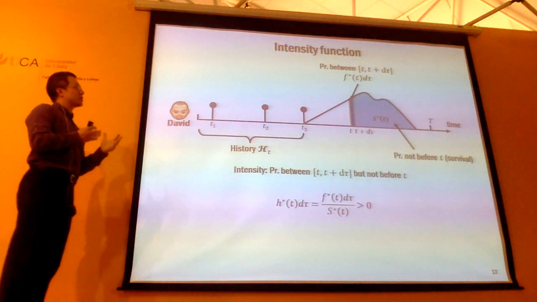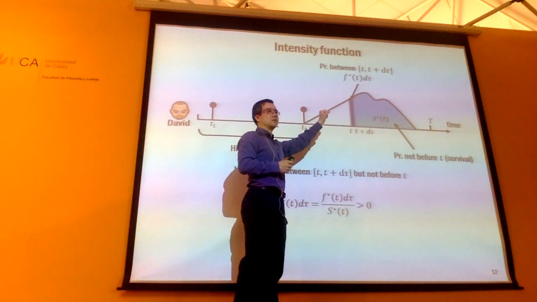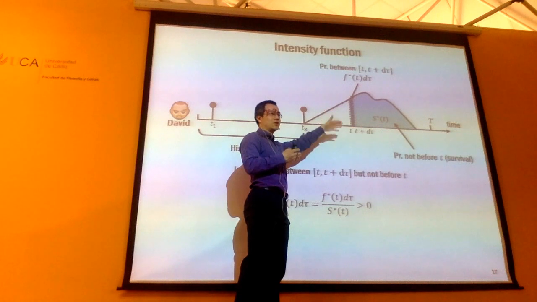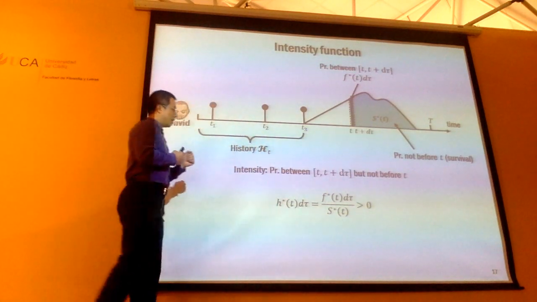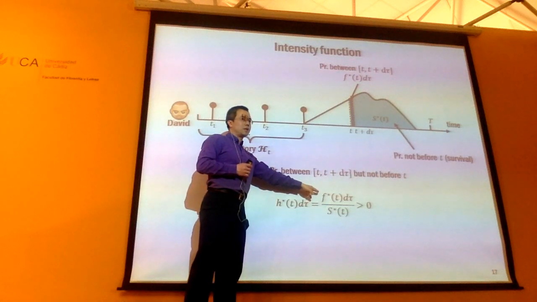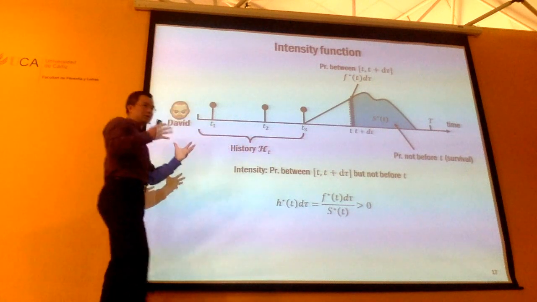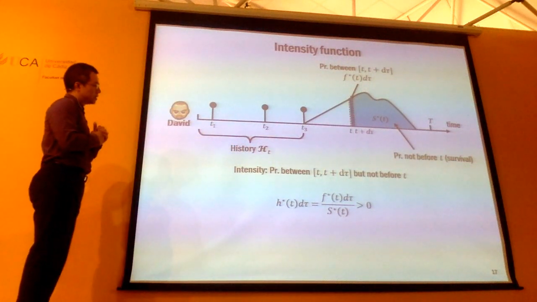What is the intensity function? It's built upon the density function and survival function. The definition of the intensity function is just the ratio between the density function and the survival function. It's a conditional probability type of concept.